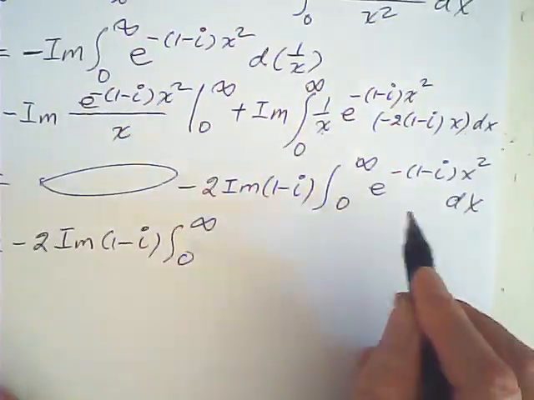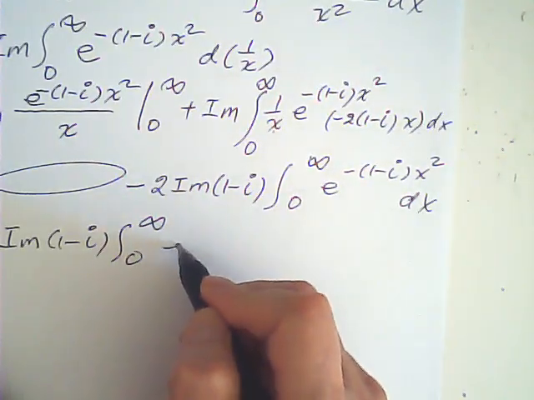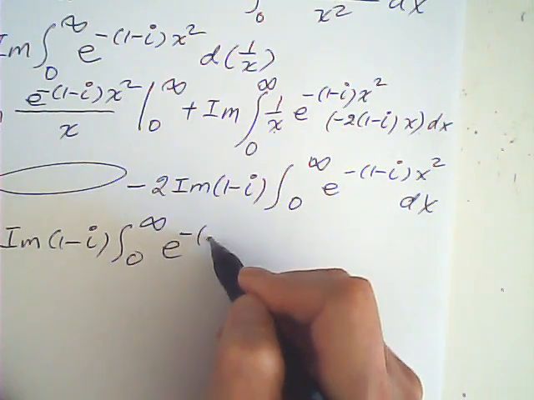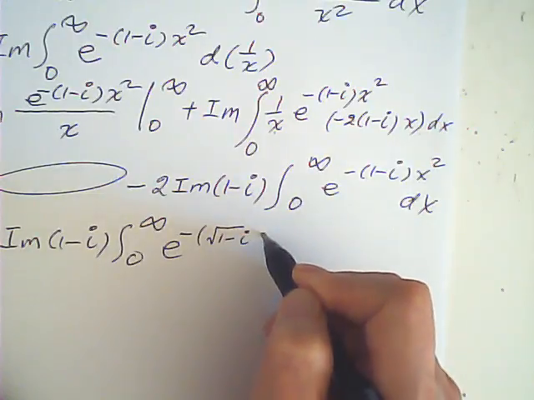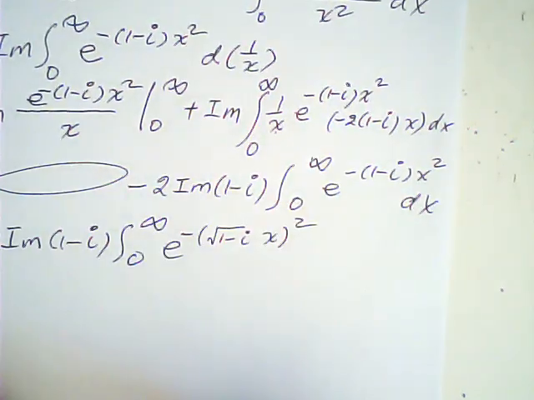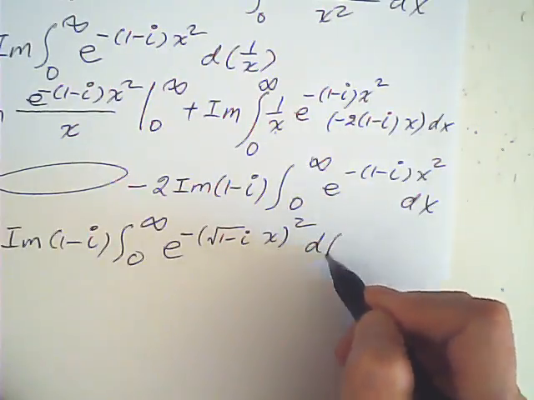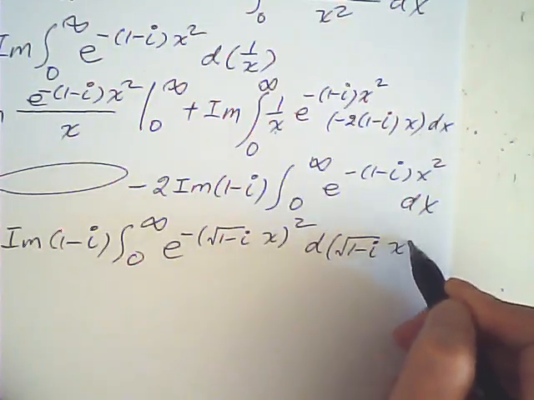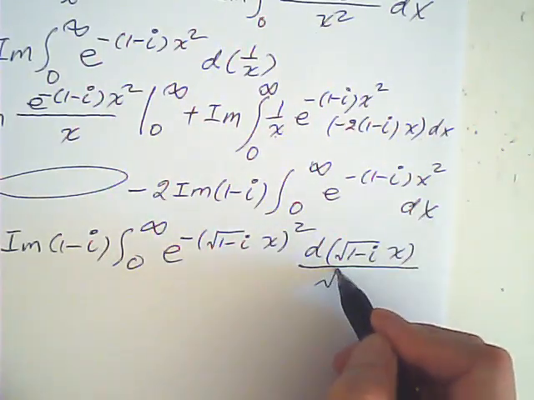For this one, I can reorganize as negative, square root of (1 minus i) x together squared. Then d of square root of (1 minus i) x, maintain equal sign, is divided by this, right?